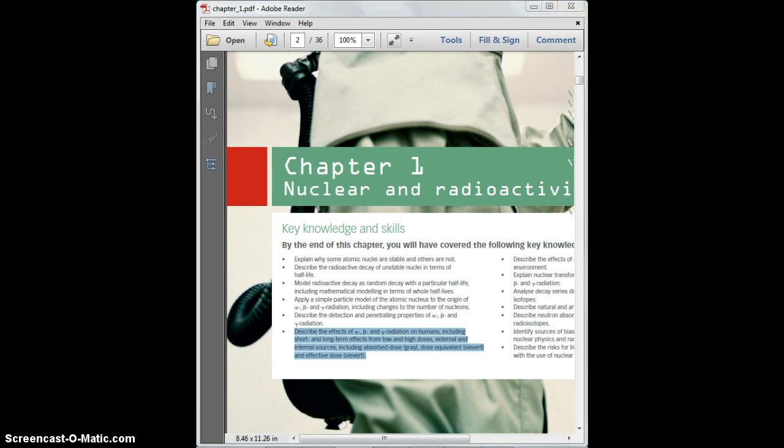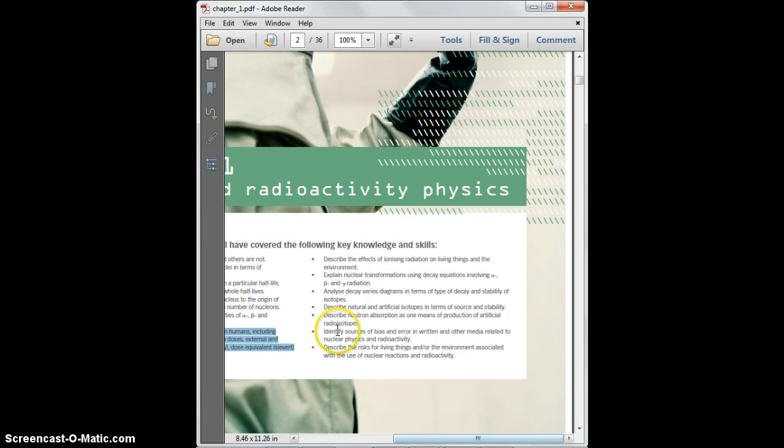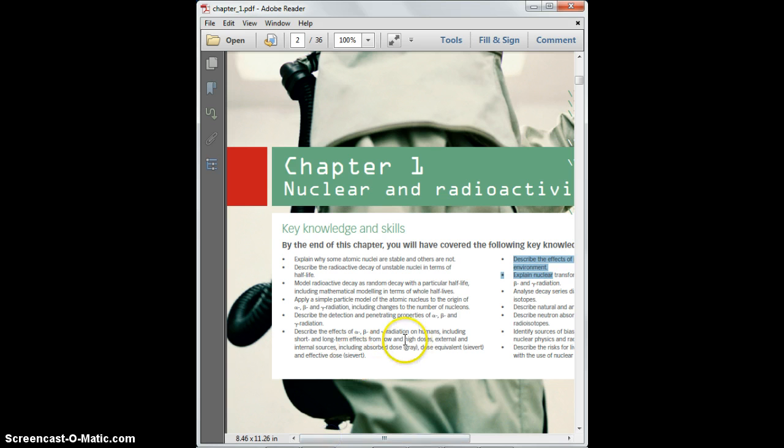Question 6, the second last question of the test, is about the effects of radiation on living things in the environment, and about, obviously, absorbed doses, dose equivalents, sieverts, and effective doses. You better make sure you know that one.